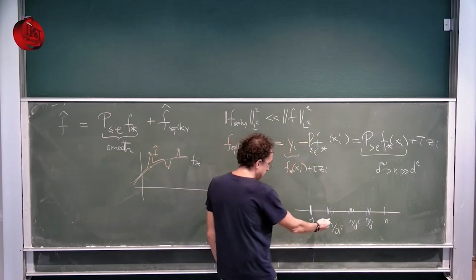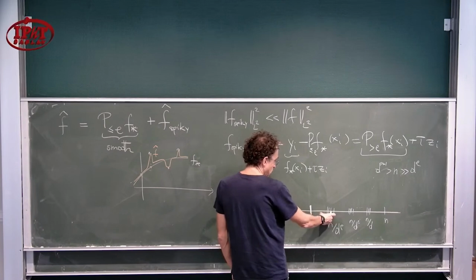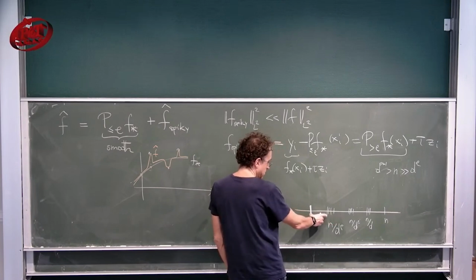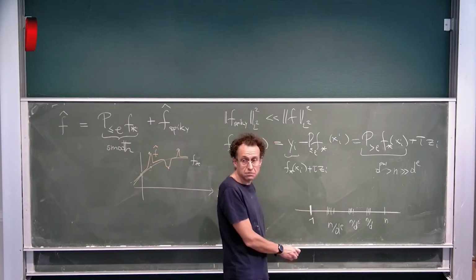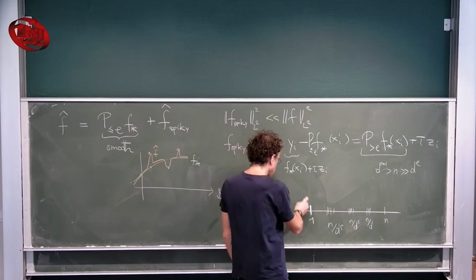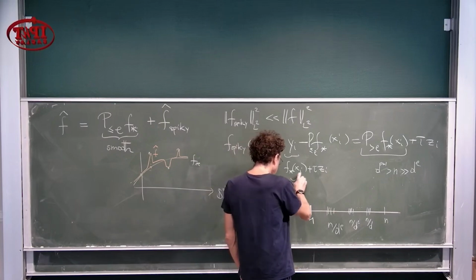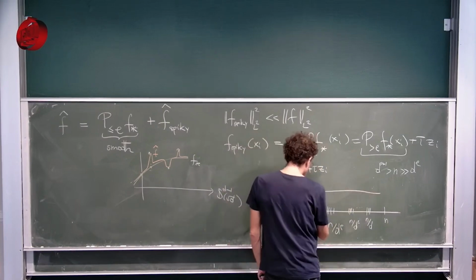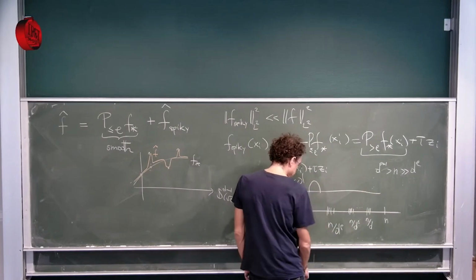And then imagine that n decreases, this block goes down, and if you zoom in on this block, these blocks become very short.